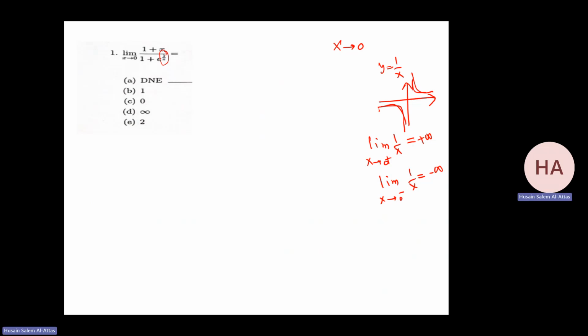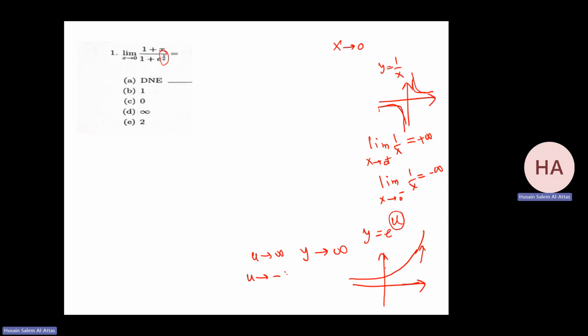Okay. Why? Now, if I deal with e to the power 1 over x, let me just continue. I know the exponential function. Let me say e to the power u. The exponential function will be doing something like this. So if the argument u goes to infinity, where will y go? To infinity. If u goes to infinity, y goes to infinity.